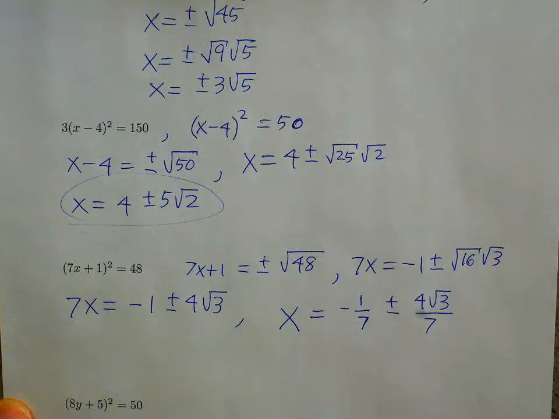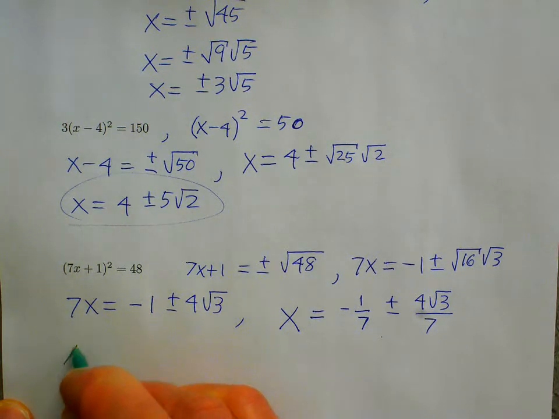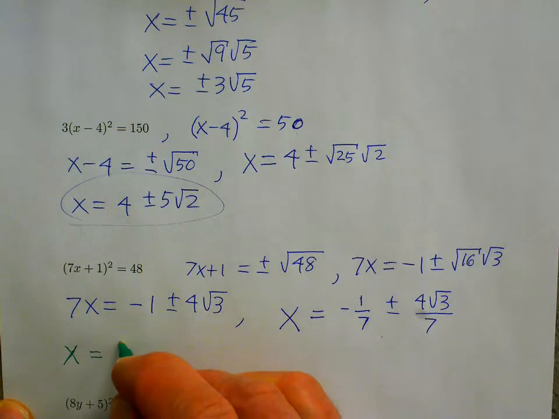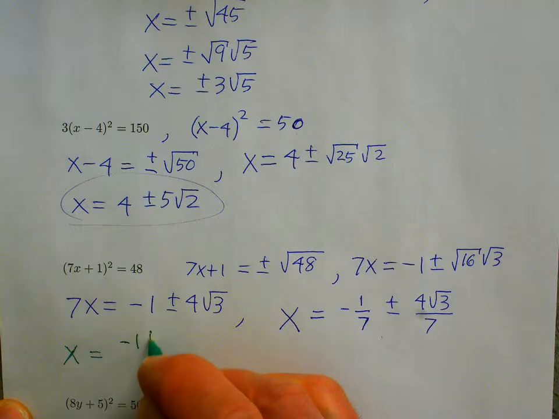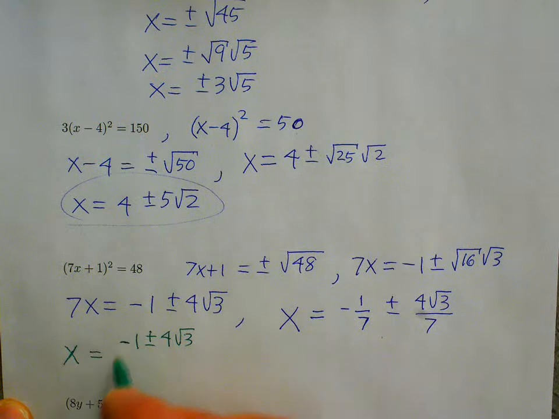An alternative way to write the right-hand side, you can write the numerator as negative 1 plus and minus 4 times the square root of 3, and then divide everything by 7.